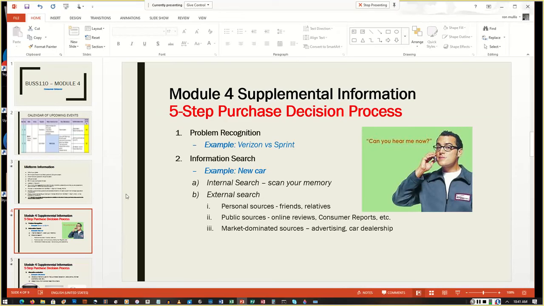A problem can be something as small as interviewing for a new job and realizing you don't have a suit to wear to the interview, or making Thanksgiving dinner and needing a spice for a pie that you're making, which you don't have. Problems, regardless of how small or large they are, create a need that can be fulfilled through a purchase.